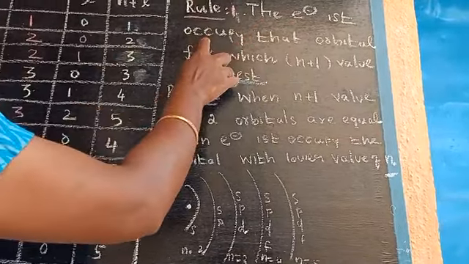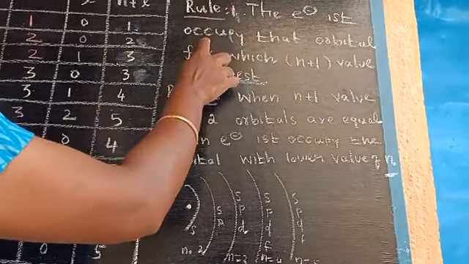Here 3, 3. So which one do we want to write first? Among these, which one has the lower n value? Write first. So here n value 2. So this one we write first. Next we write the 3s orbital. So whenever writing the order, you must keep these 2 rules.